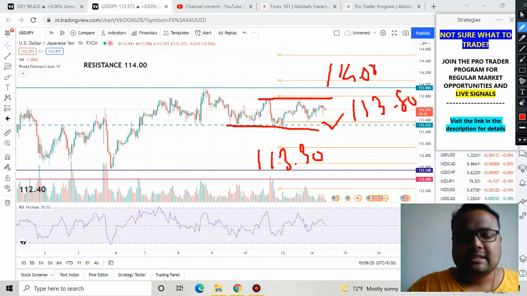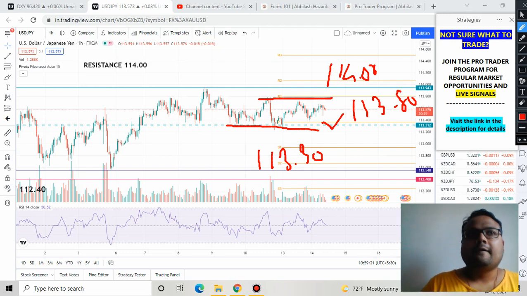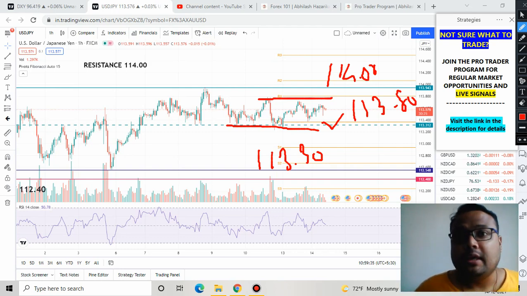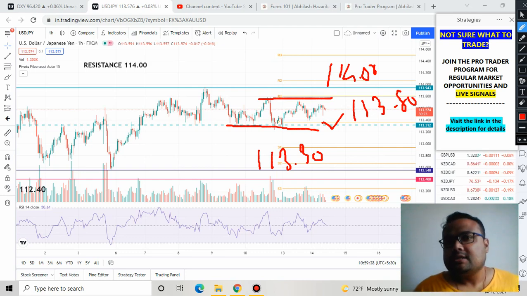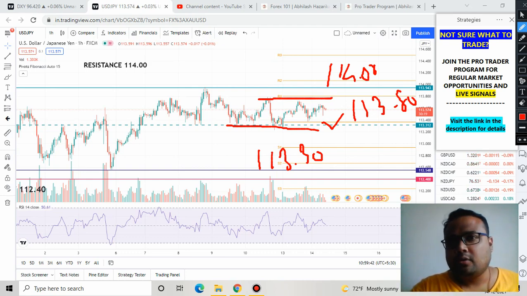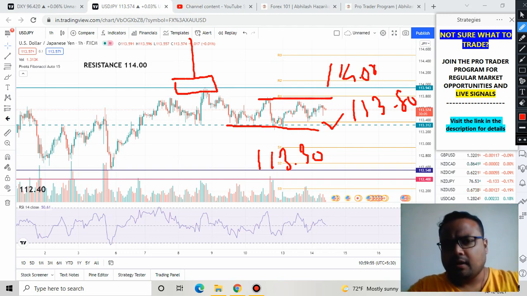Apart from these levels, the market is sideways, so be careful. Always keep in mind that a sideways market means the number of buyers and sellers is almost equal. As a result, nobody is dominating the market. Whatever you do, if you're buying at support or selling at resistance, always wait for proper confirmation. Proper confirmation means if you're taking a sell position at a resistance, wait for a shooting star pattern or a pin bar or price being rejected from above.